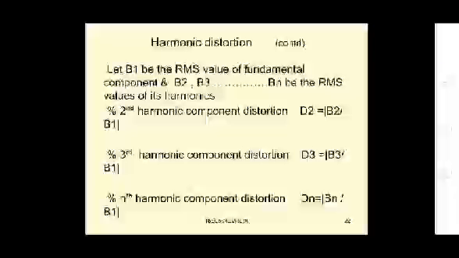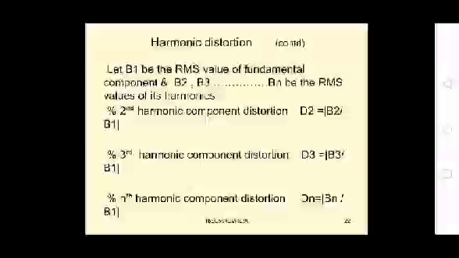The amount of distortion presented by this B2 to your fundamental signal will be D2. D2 denotes the percentage of second harmonic component distortion, and it is given by your second harmonic amplitude divided by the fundamental frequency component amplitude, that is B2 by B1.